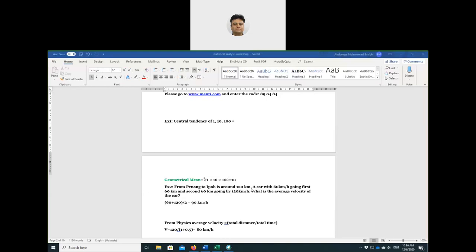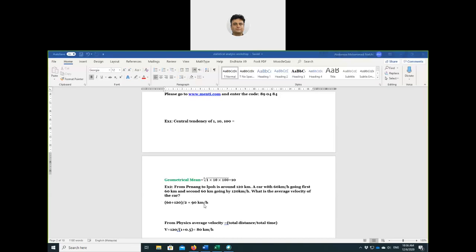The first 60 kilometers going by 60 kilometers per hour, and the second 60 kilometers going by 120 kilometers per hour. The average velocity, if you take 60 plus 120 divided by 2, is 90 kilometers per hour.